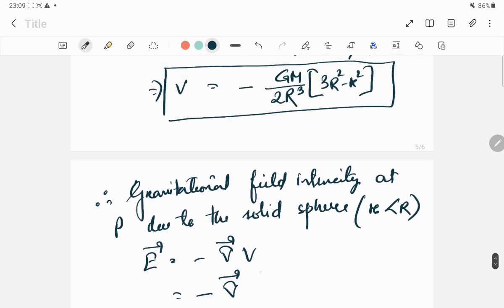V is minus GM by 2R cube, 3R square minus small r square.